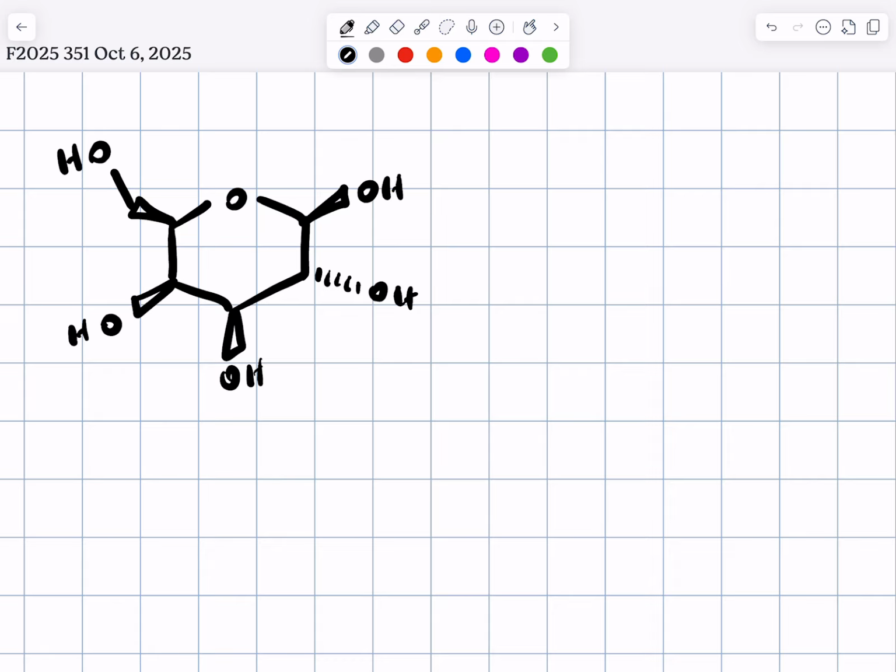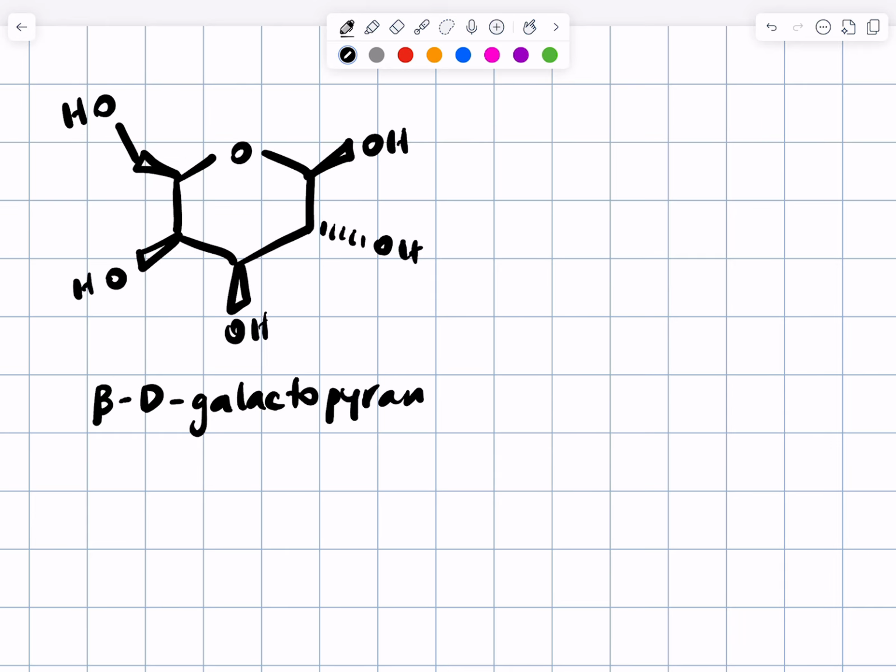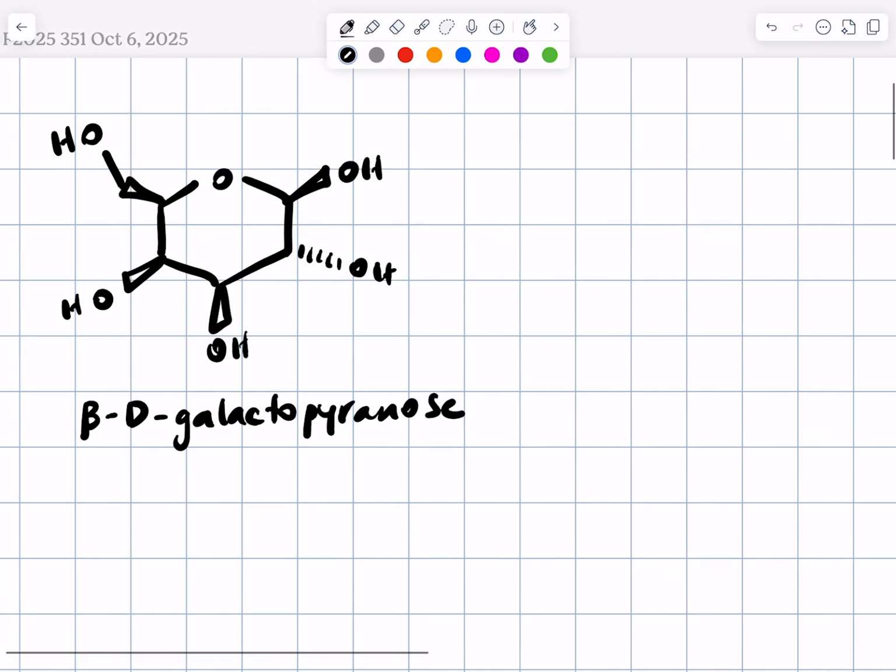All right, so 4 OH groups and then a CH2OH group. That's called a hydroxymethyl group. The molecule I've drawn, you'll learn later in 352, is called beta-D-galactopyranose, or galactose, if you want to call it that.